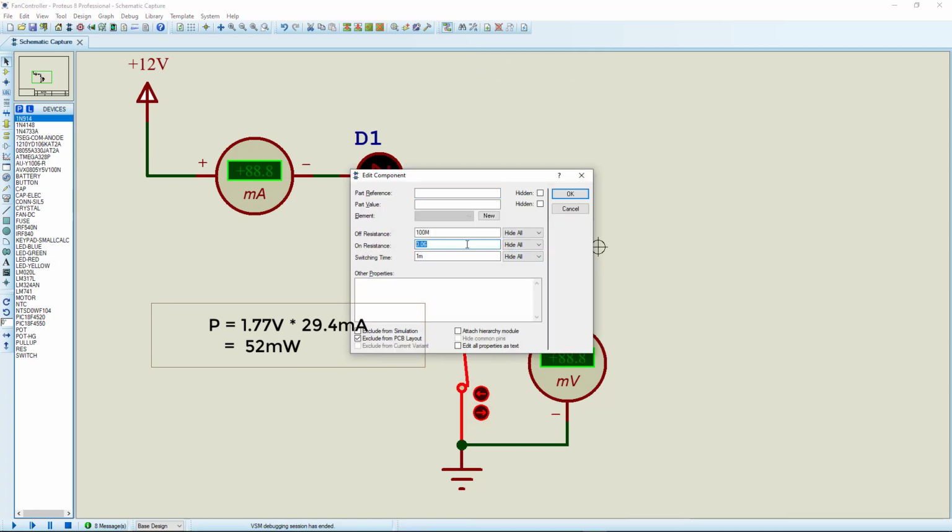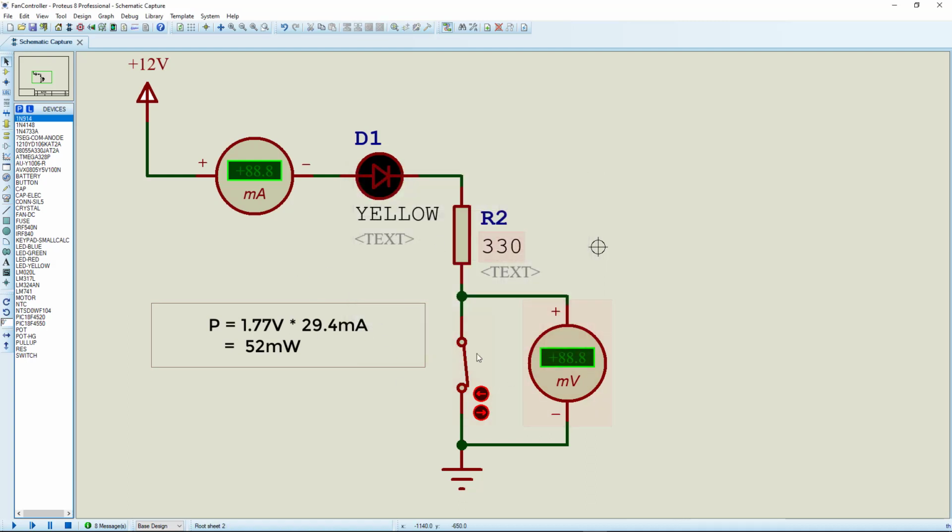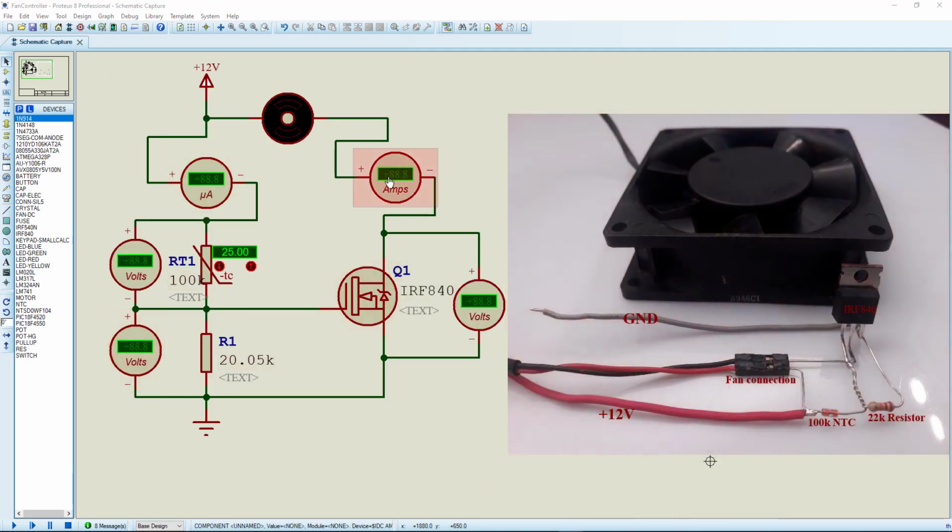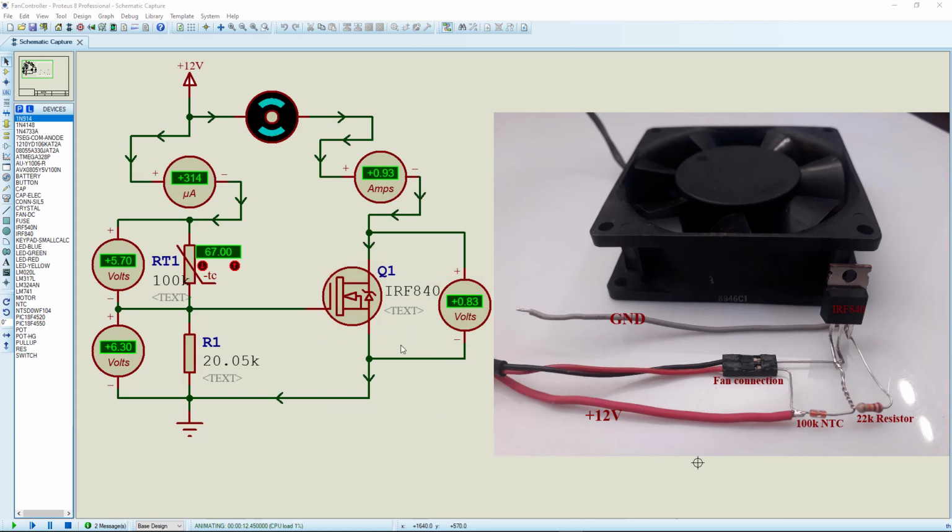If you have a high enough on resistance, that means your switch is not very good to run in a circuit, and that could be a bad contact switch, a bad FET, or a transistor. Even though they say transistors and FETs are good switches, there's still going to be a voltage drop across it, and that voltage drop is going to result in power losses across the switches.